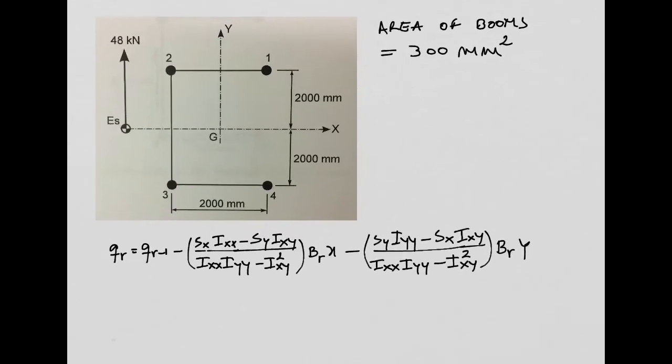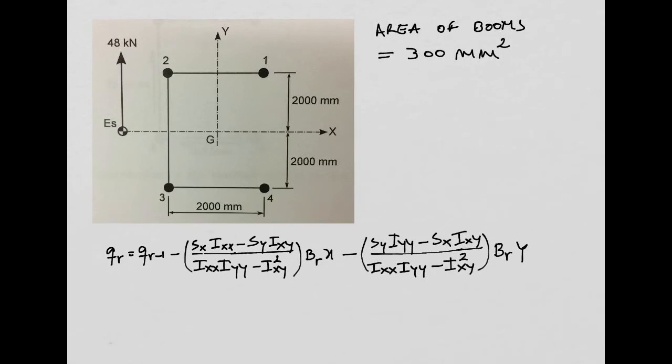So, in this example, you have 4 booms. All these booms have the same area, 300 millimeters square. And what I want to know is basically the shear that is flowing in these cross sections, right?